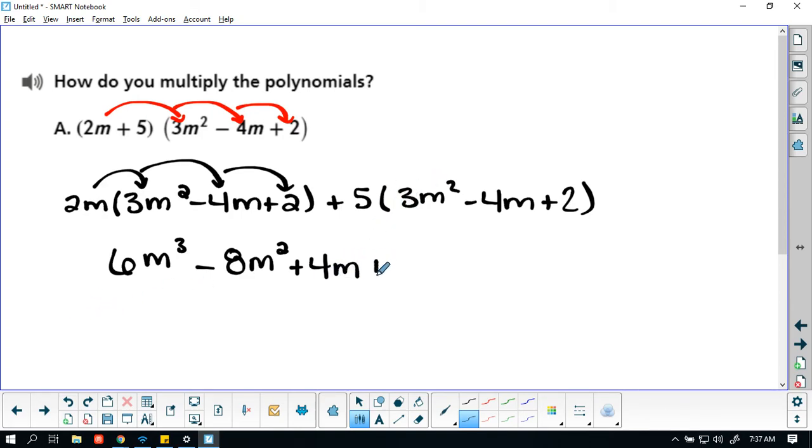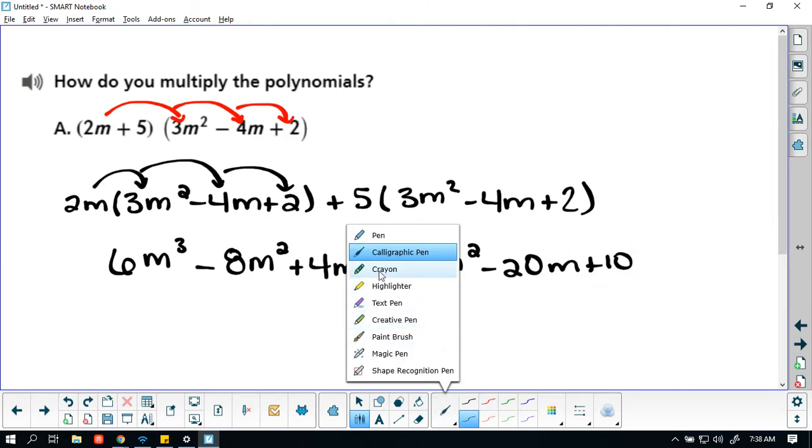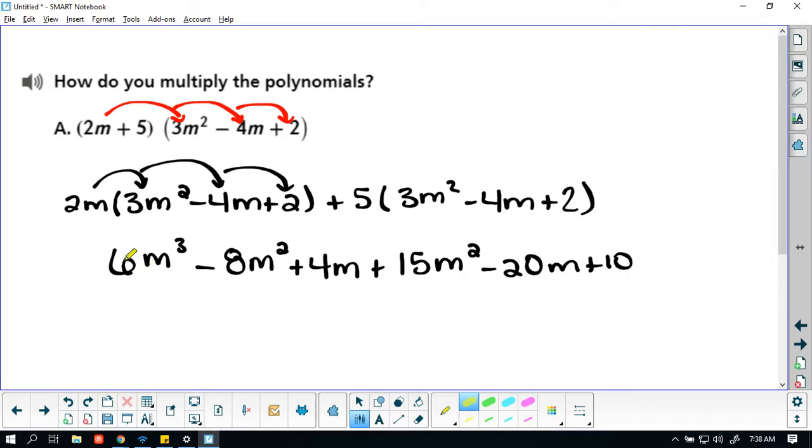I'm going to do the same thing for the second part. I'm just going to distribute that 5 through. Right, so now we're going to combine our like terms. So there's m cubed. I don't see any other cubes. I have m squared here and m squared there. Then I have m to the power of 1 there.